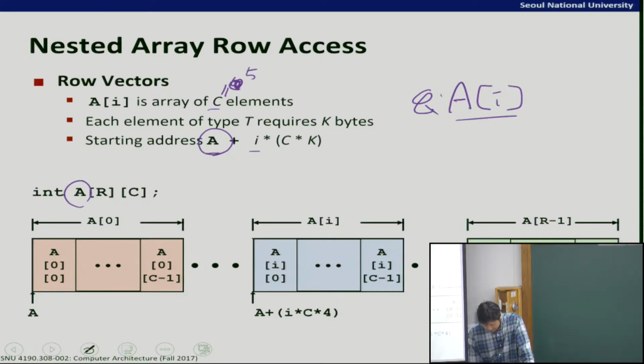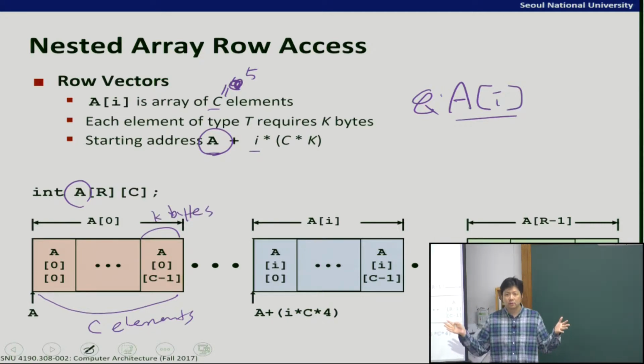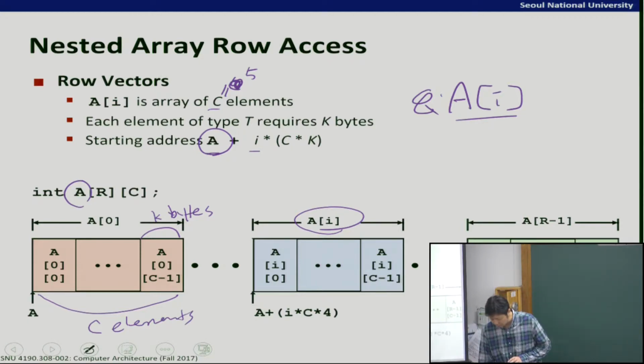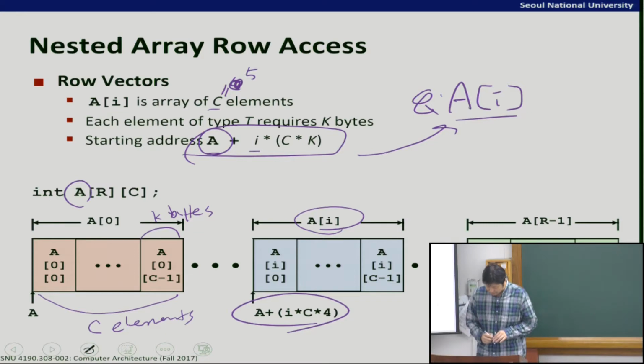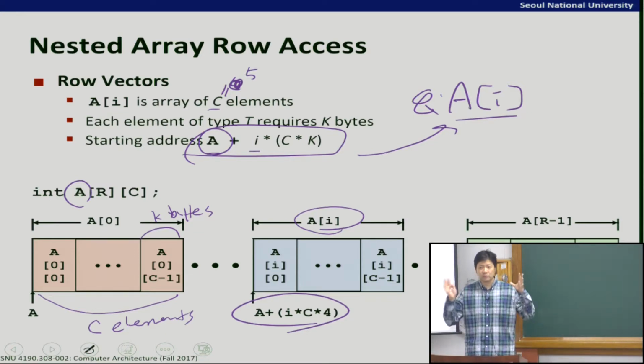Because there will be C elements like this, and each element takes K bytes, and they are contiguous. So you can compute the starting address of A of I by adding I times C times K to the base address A. Then that returns the beginning address of A of I. And of course, in this case, K is assumed to be 4 because we are assuming an integer array. Each integer takes 4 bytes, right?